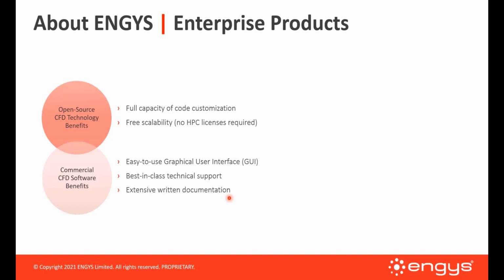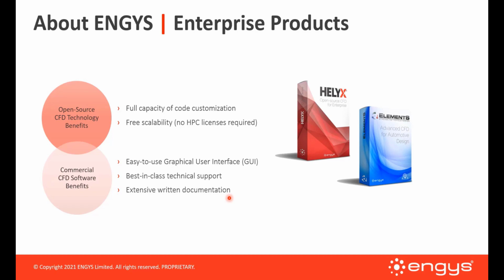And this was exactly what ENGYS achieved as a product, which are HELYX, our general-purpose CFD software for enterprise, Elements, an advanced software suite for the automotive industry, and the HELYX add-ons, which are a set of additional modules covering specific applications like adjoint optimization through HELYX Adjoint, our block coupled solver through HELYX Coupled, advanced libraries for ship design with HELYX Marine, and an advanced VOF solver for multi-phase flows with HELYX Hydro.